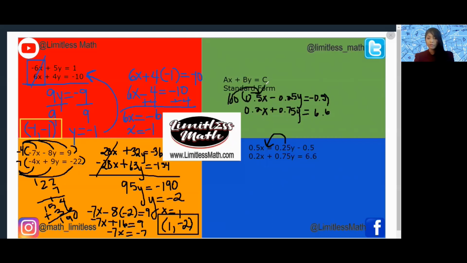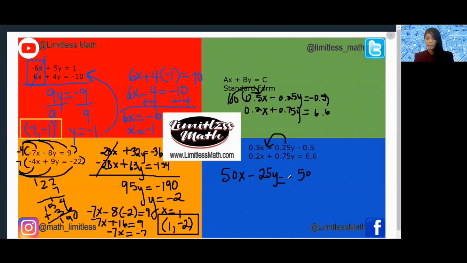The easy thing about multiplying by multiples of 10 is all we need to do is move the decimal that many places to the right. So 2 zeros is 2 decimals to the right. So this will become 50x. Here we get negative, move decimal 2 places to the right, 25y equals negative 50.